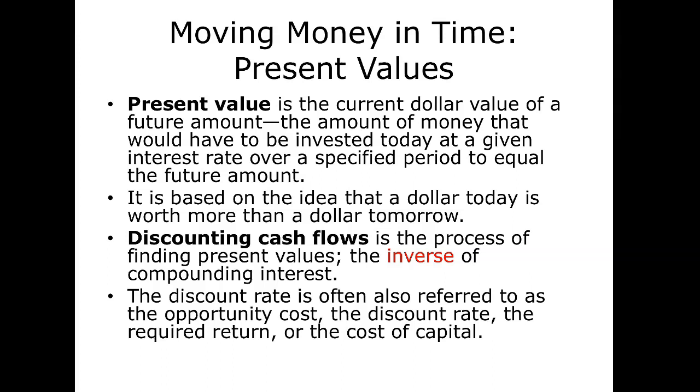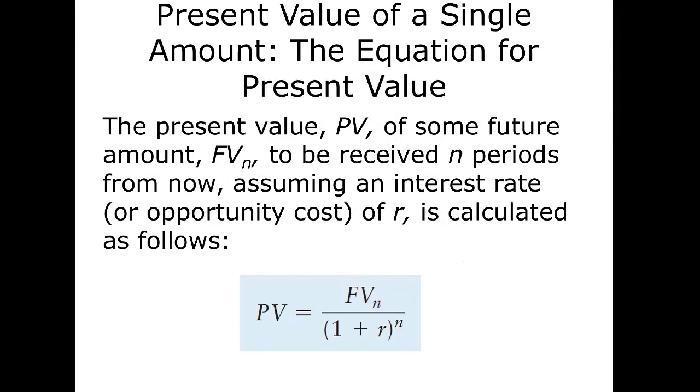This is the discount rate or the interest rate that we're using to convert that future value to a present value. We can use the basic time value of money formula. This is the same formula that we had before for compounding, where future value is equal to the present value multiplied by 1 plus the interest rate raised to the number of periods, except we've algebraically rearranged it.